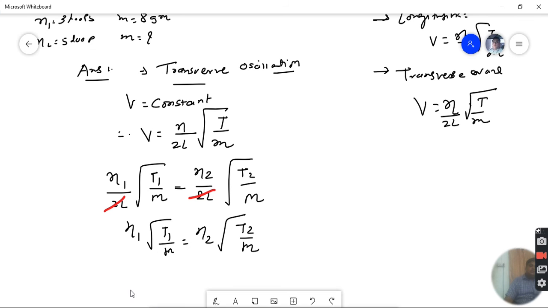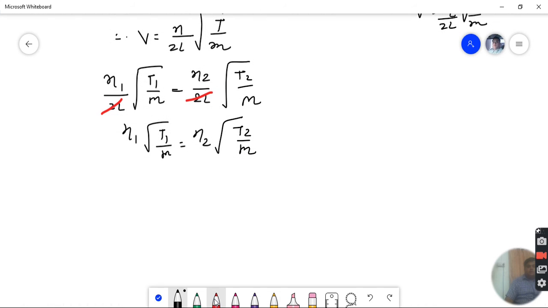In this condition you observe that M is common on both sides.